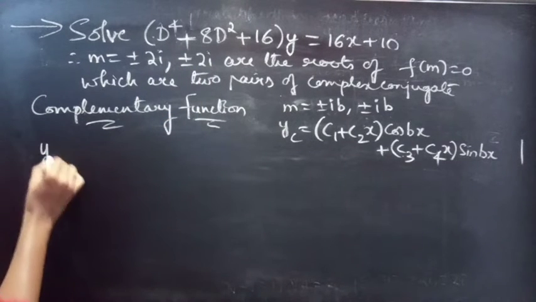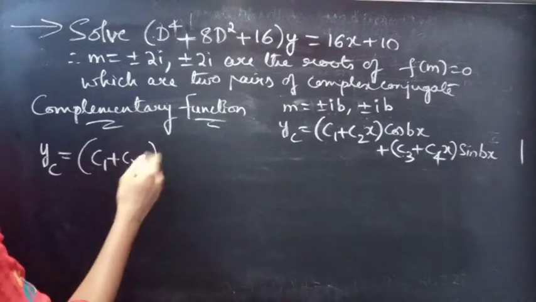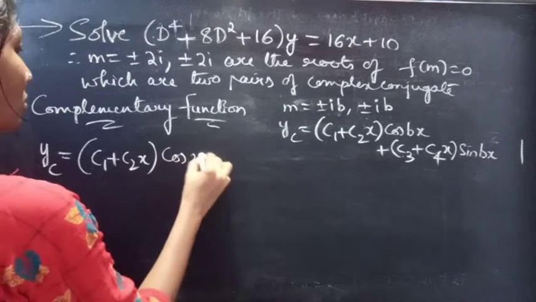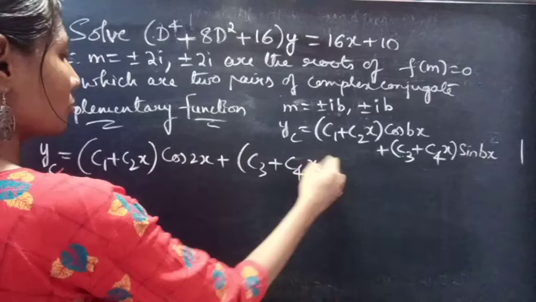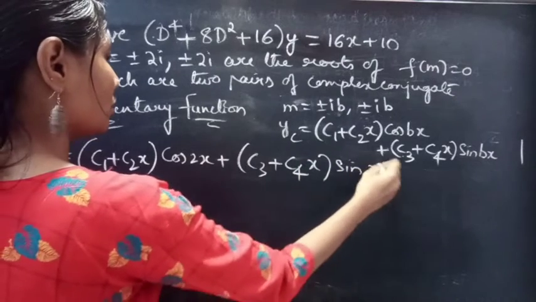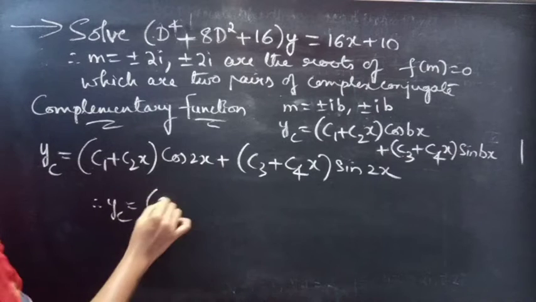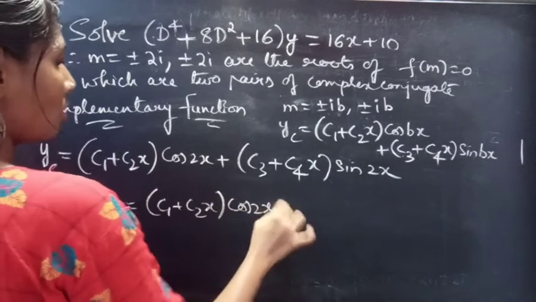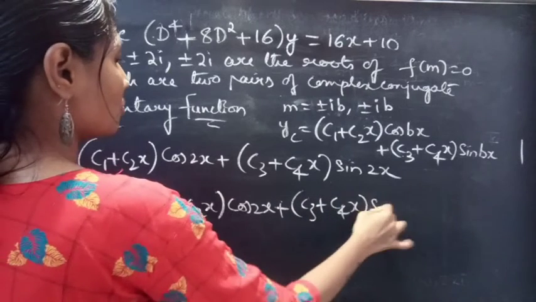Then our yc looks like c1 plus c2x into, for b equals to 2, you'll get cos 2x plus c3 plus c4x into sine 2x, right? Therefore, yc equals c1 plus c2x into cos 2x plus c3 plus c4x into sine 2x.